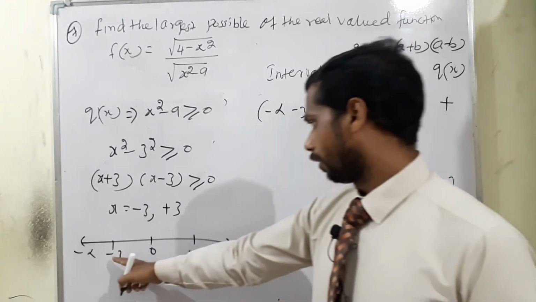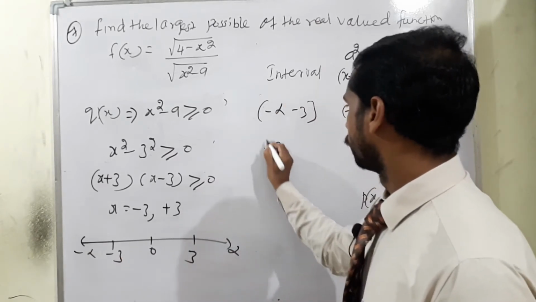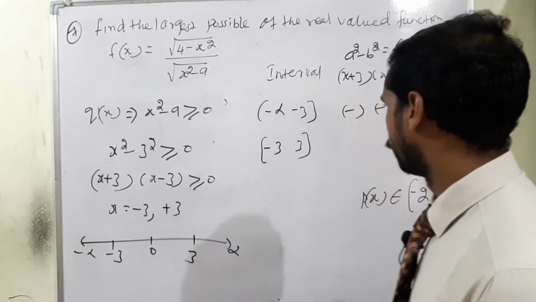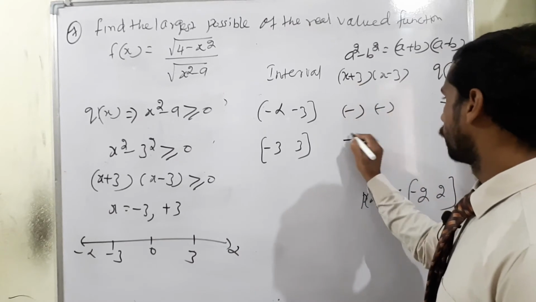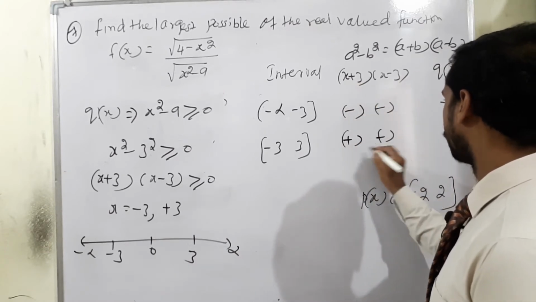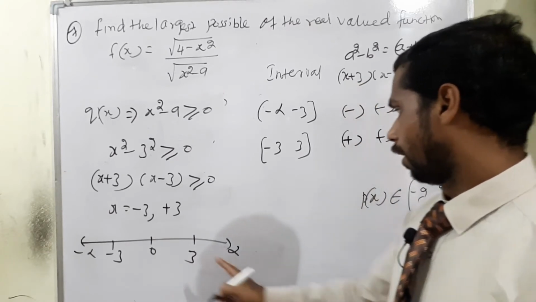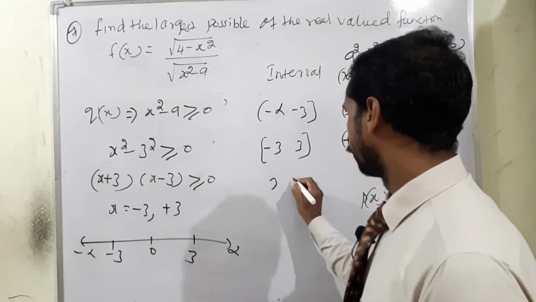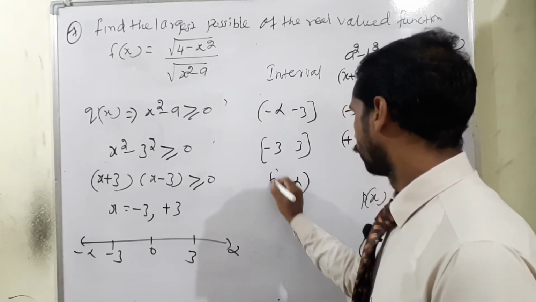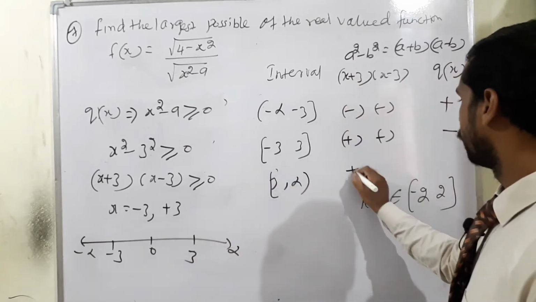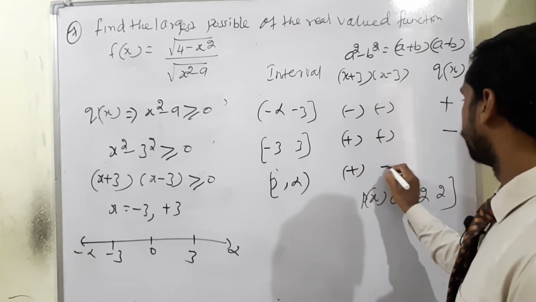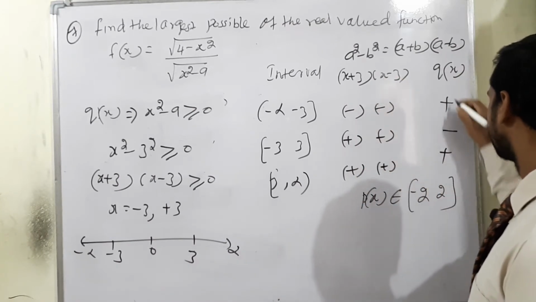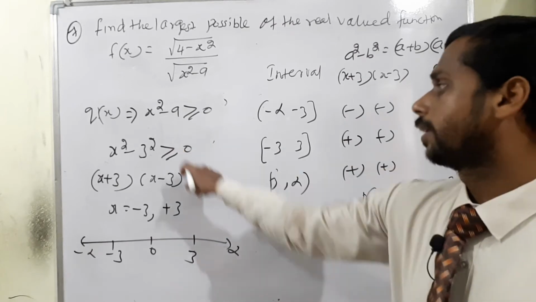Next interval, minus 3 to positive 3. Center 0: 0 plus 3 is plus, 0 minus 3 is minus, plus into minus is minus. Last interval, 3 to infinity. So 4 means 4 plus 3 is plus, 4 minus 3 is plus, again plus into plus. First and last, because it is greater than or equal to 0.